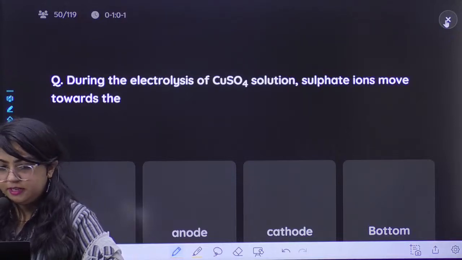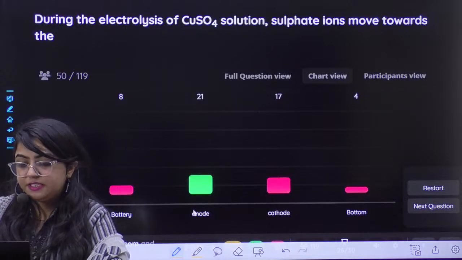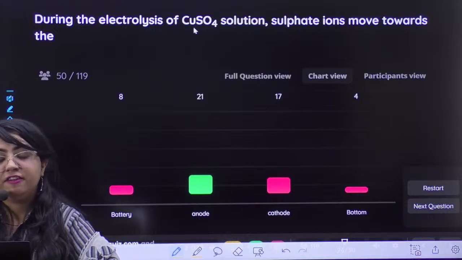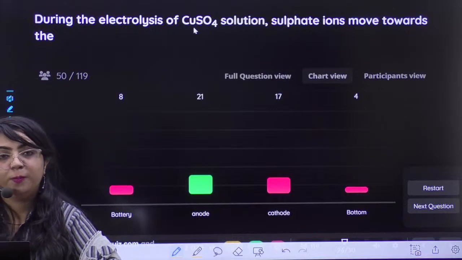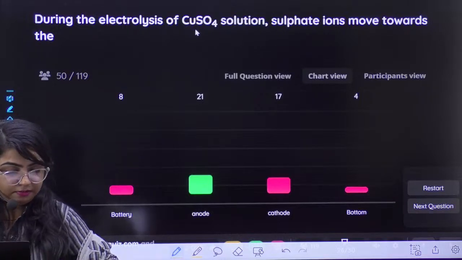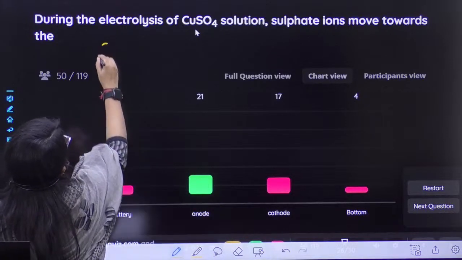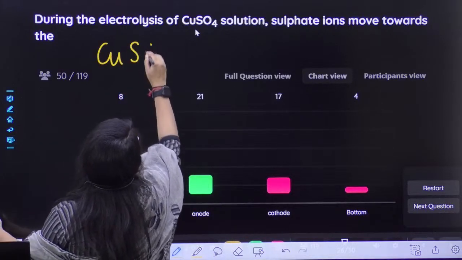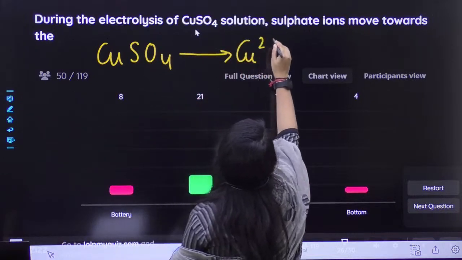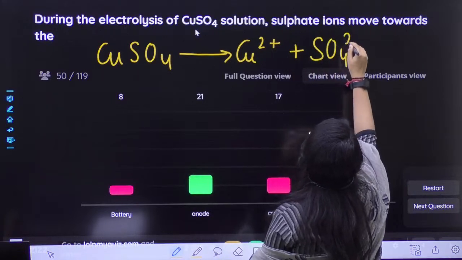Now let's check the correct option. As most of you have answered anode, so anode is the correct option, because copper sulfate will dissociate into copper 2 plus ions and sulfate 2 minus ions. So we know that CuSO4 on dissociating will produce Cu2 plus and SO4 2 minus ions.